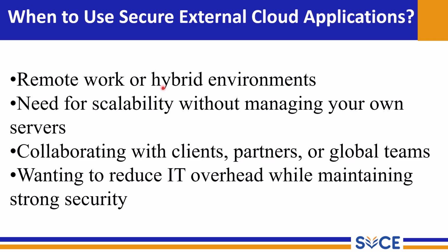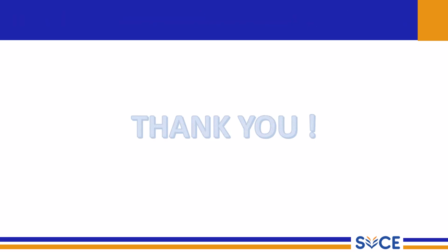So I just want to conclude by saying, in this video we have discussed how to secure external cloud applications, understanding external cloud security, secure external access, and the best practices to be followed for securing the external cloud.